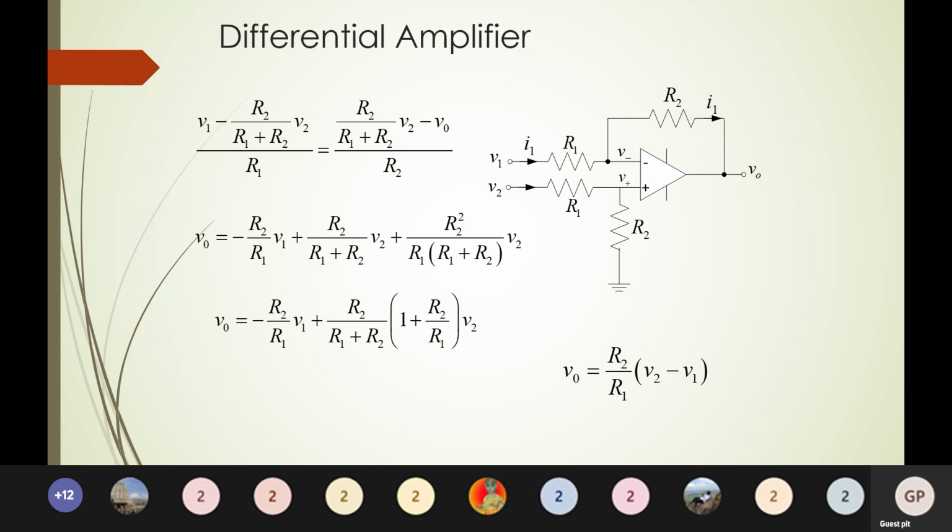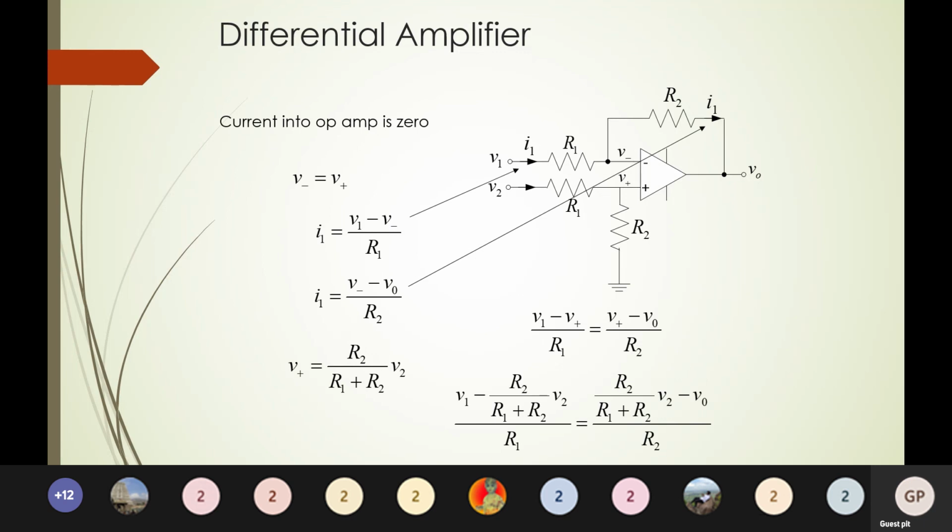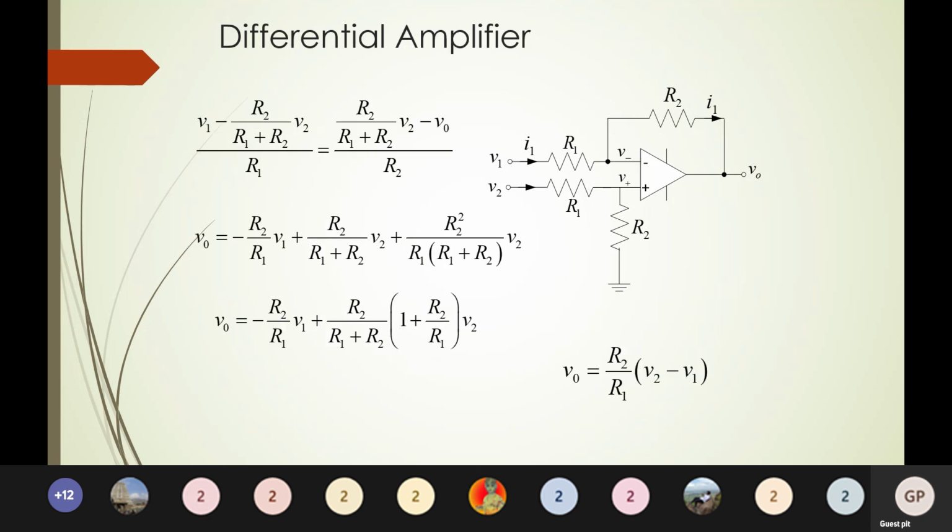We write the expression for I1, then the same I1 in terms of feedback, then an expression for V plus. Then I apply the golden rule, substitute, and simplify step by step. Finally I reach that the output is equal to some gain times the difference between the inputs.